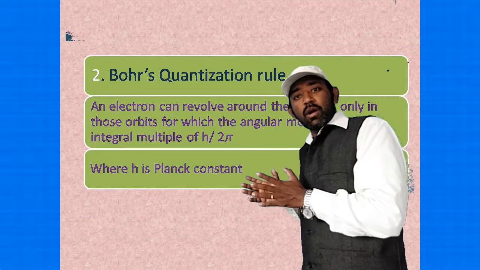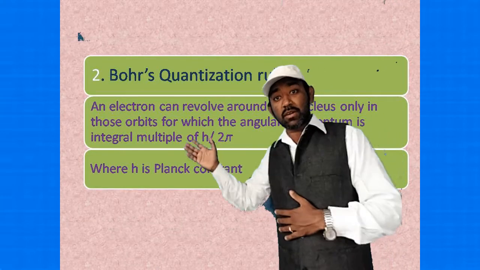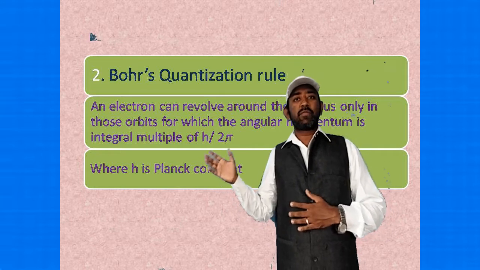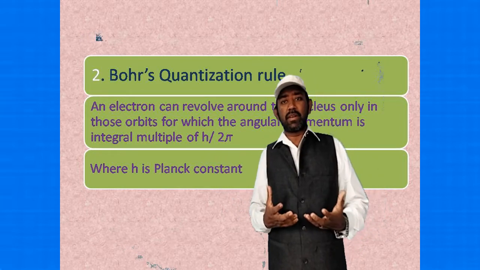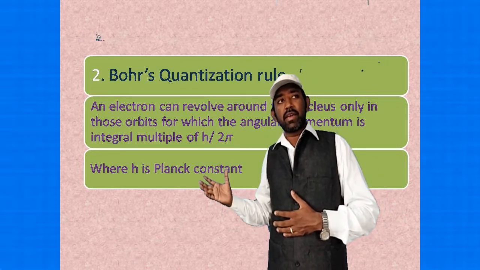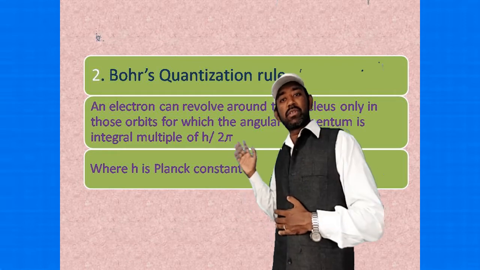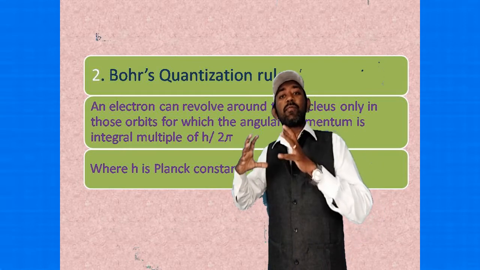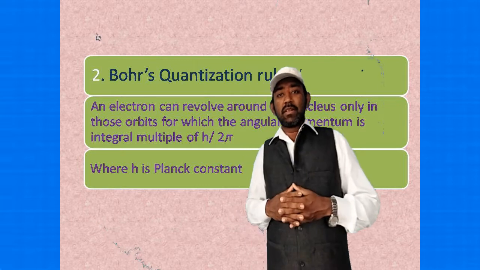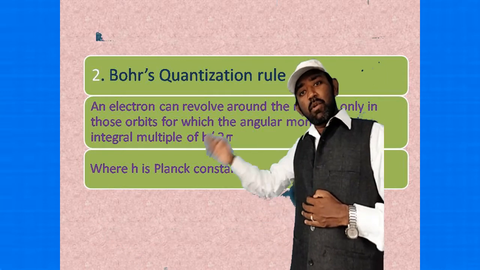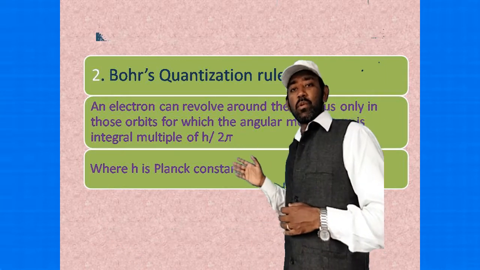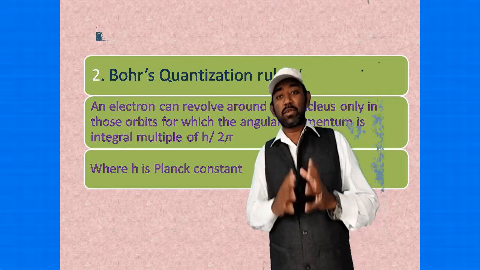So it means that the angular momentum of the electron is an integral multiple of h by 2 pi, where h is a constant. So for the nth orbit, it is nh by 2 pi, where n is equal to 1, 2, 3 and so on, that is the number of the orbit. This is called Bohr's quantization rule. This is the second postulate.